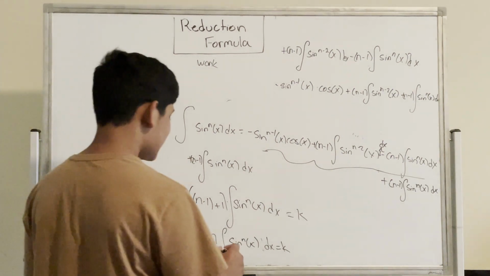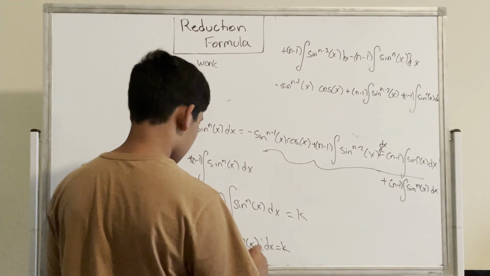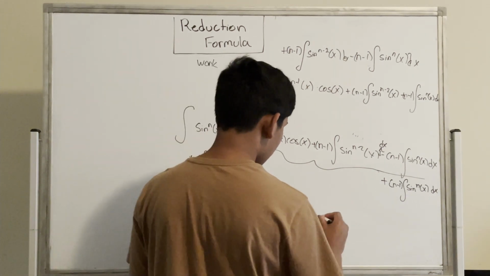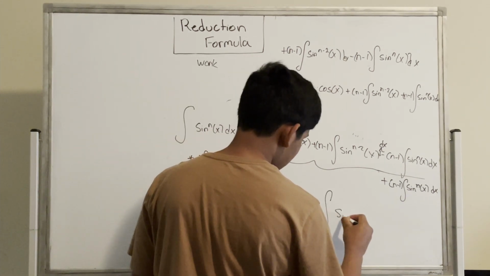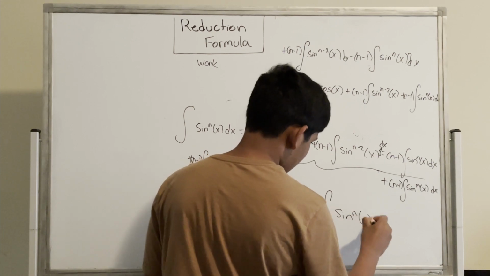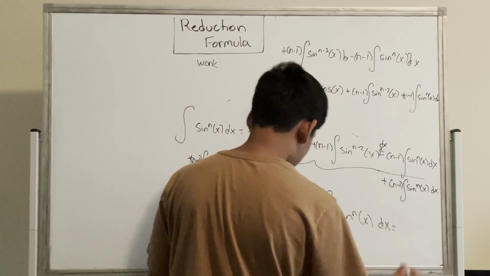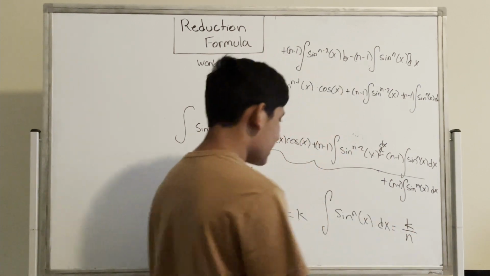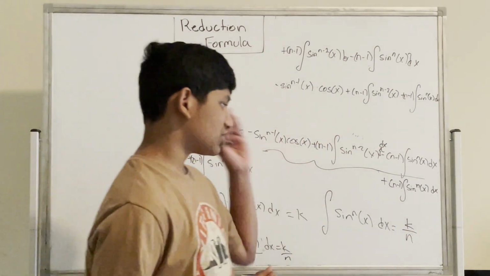Now, what can we do? We can divide by n, and we get the integral of sine n x dx equal to k over n. And this is going to be our reduction formula.